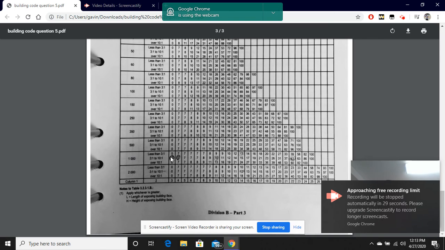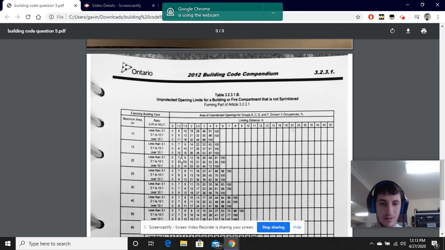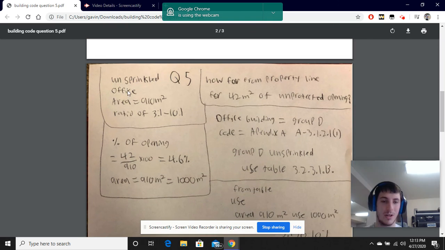We know it's 1,000, 3 to 1 to 10 to 1, greater than 0 and less than 7, but we also want to pick the smallest of all the limiting distances up here. So we find that 1.2 meters is the limiting distance for an unsprinkled office building with an area of 910, a ratio of 3 to 1 to 10 to 1, and 4.6% of unprotected openings.